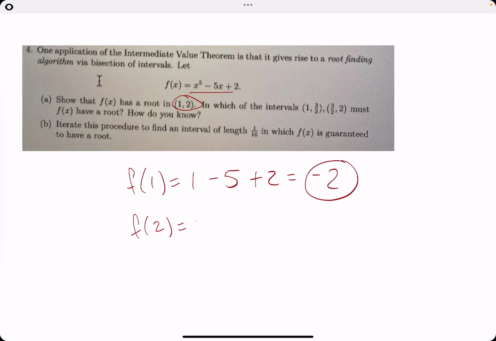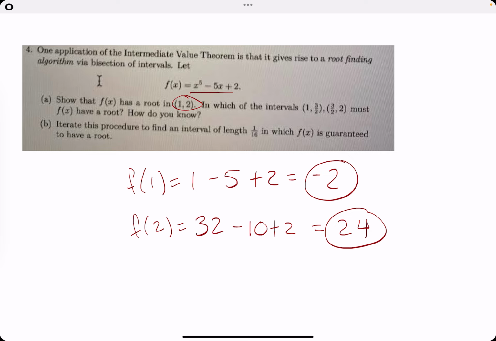F of 2 would be, I think, 32 minus 10 plus 2. That would be 24, I think. Regardless, the idea is that f of 1 produces a negative value, f of 2 is a positive value.